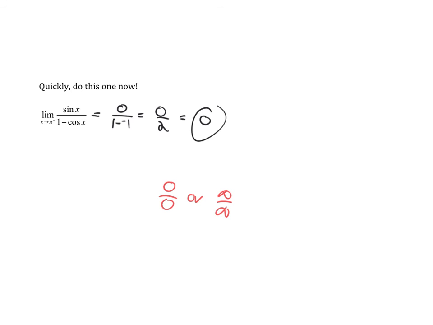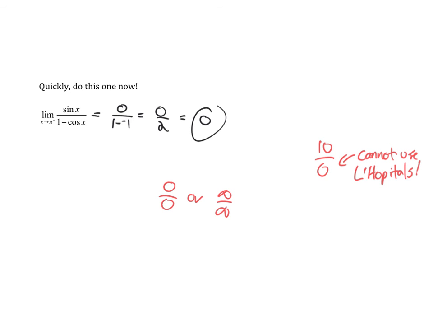If you're getting a number over 0, when you plug something in, like 10 over 0, you cannot use L'Hopital's. It has to be 0 over 0 or infinity over infinity.